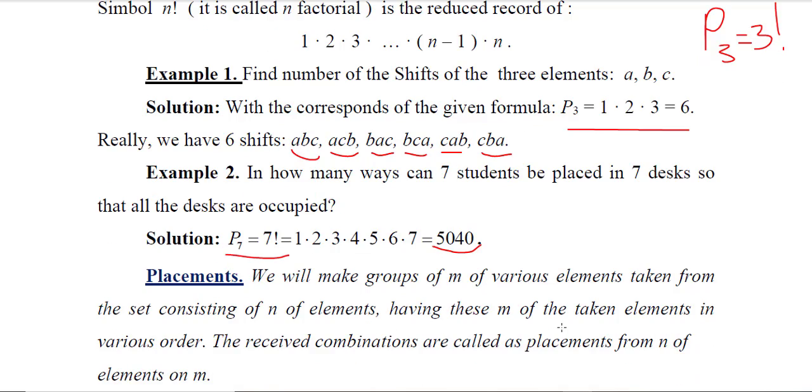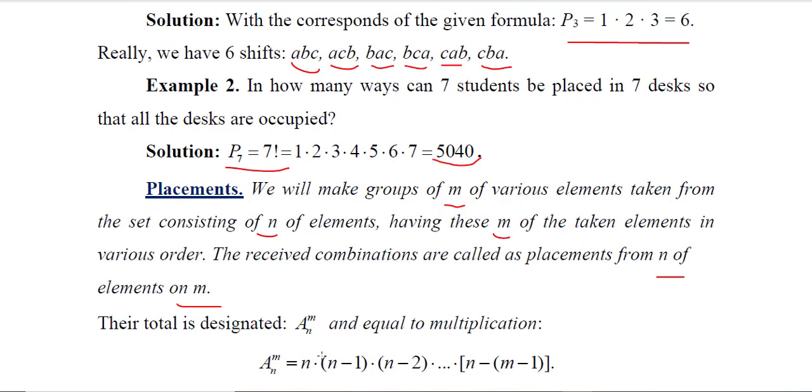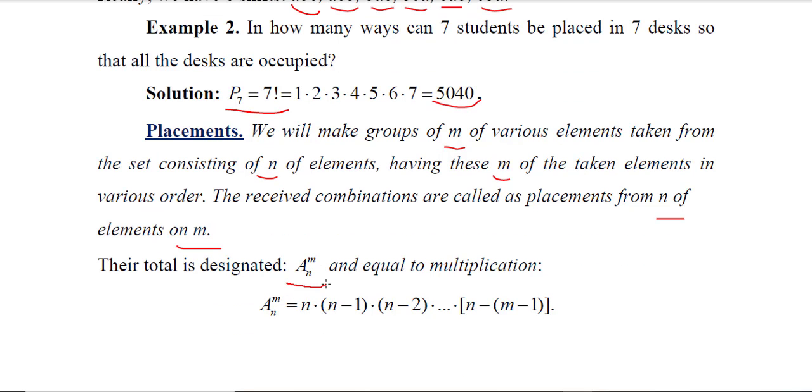So the next element is placement, we call. We will make groups of m of various elements taken from the set consisting of n elements, having these m of the taken elements in various order. The received combinations are called as placements from n of m, and we'll denote it by a index n and the power m.